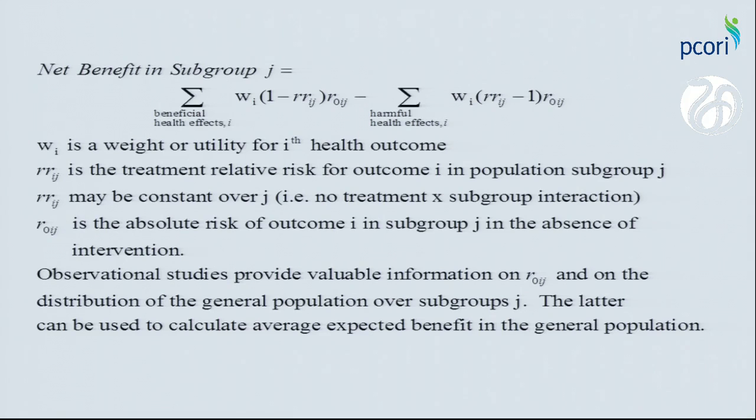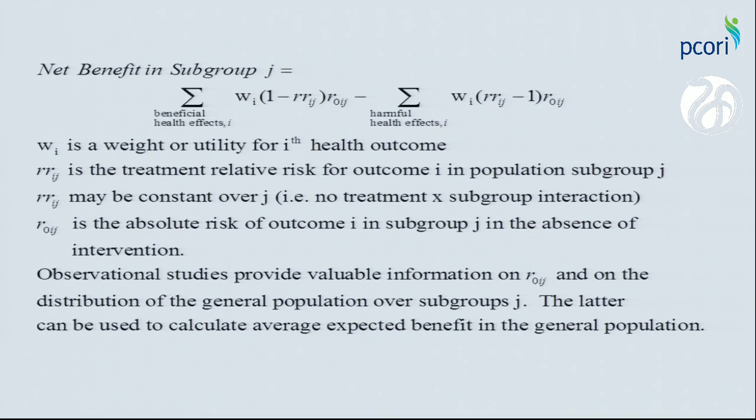And that could vary from subgroup to subgroup if there is treatment covariate interaction. If there isn't, then these things only depend on I, they don't depend on J, and often we just estimate the one, assuming no dependence on J. And then to turn this into an absolute benefit, we have to multiply it by the baseline risk, not relative risk, the baseline risk for that same outcome and that same subgroup.